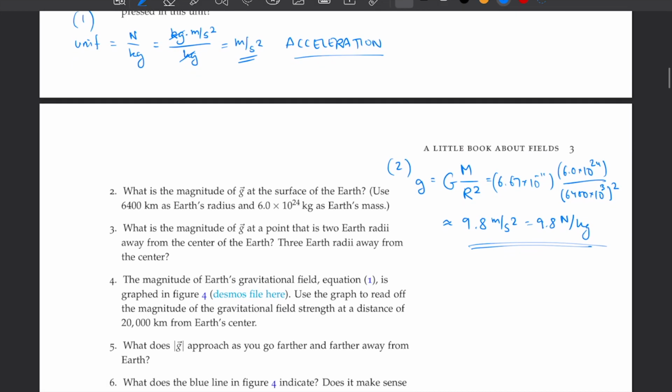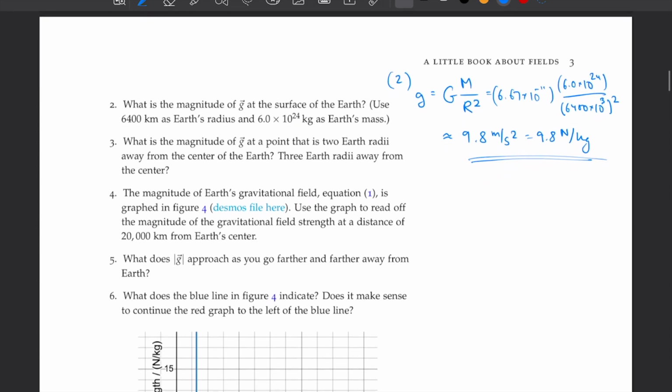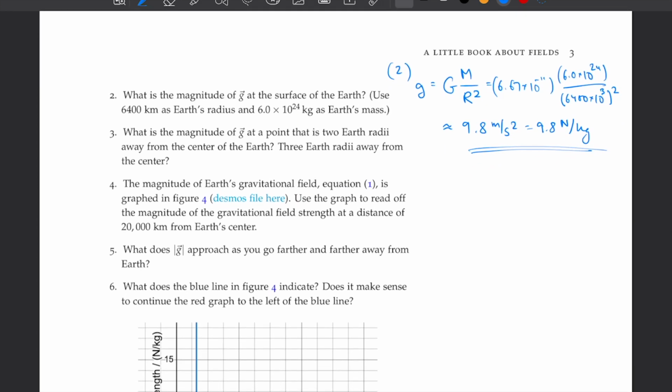Exercise 3. So what's the magnitude of g at a point that is 2 Earth radii away from the center? Okay, well, we can look at the calculation we just did, and we can imagine R replaced by 2R. Okay, can you imagine that? So, we're working out this.